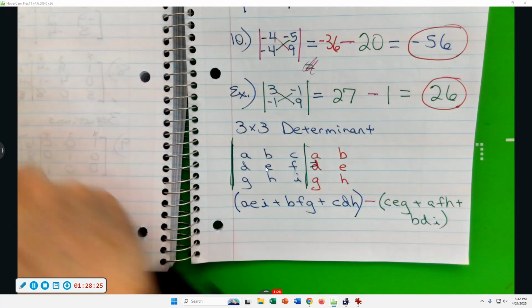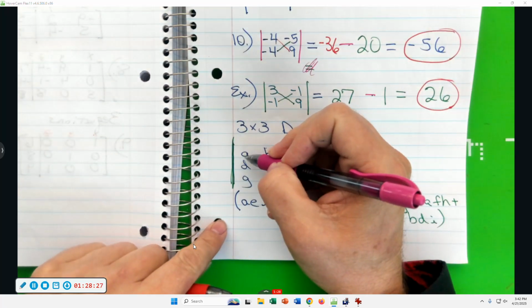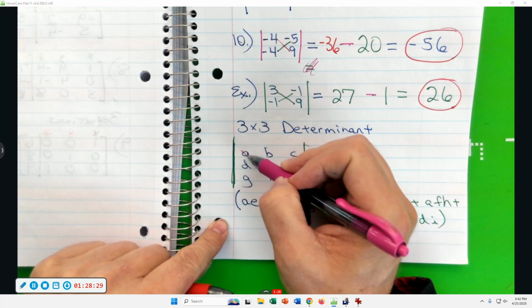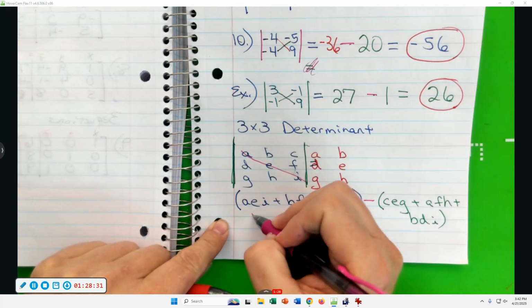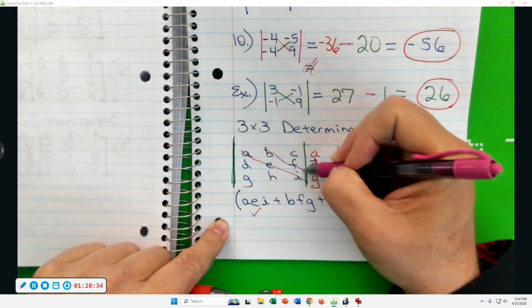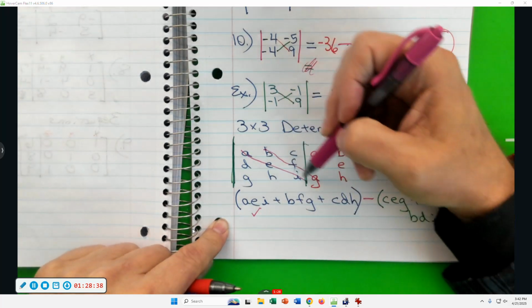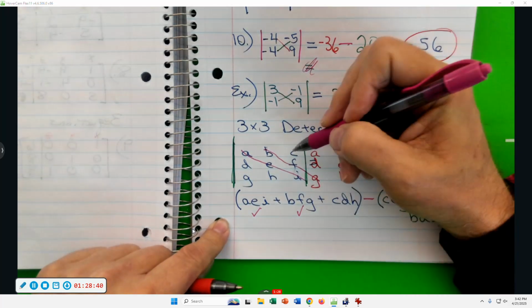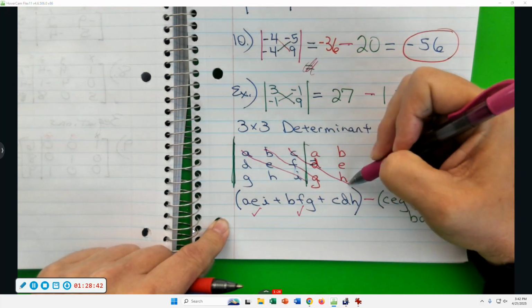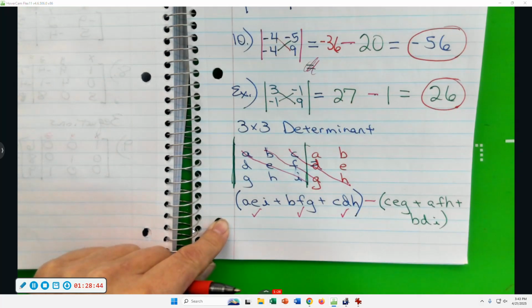Let's see, I'll use pink. You always start in the upper left-hand corner with the A first: A times E times I, B times F times G. So you multiply down the first diagonal, then the second diagonal, then C times D times H, the third diagonal.